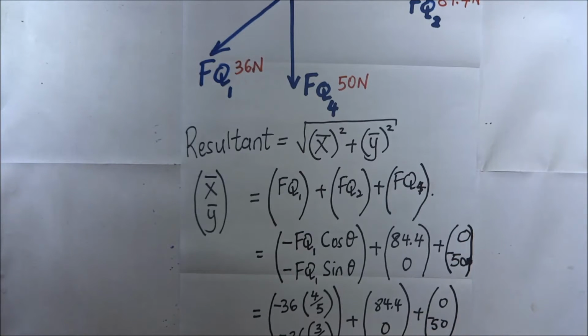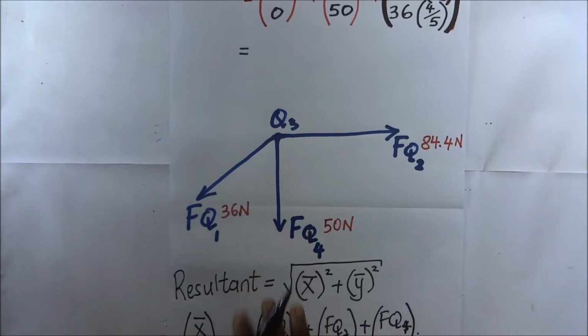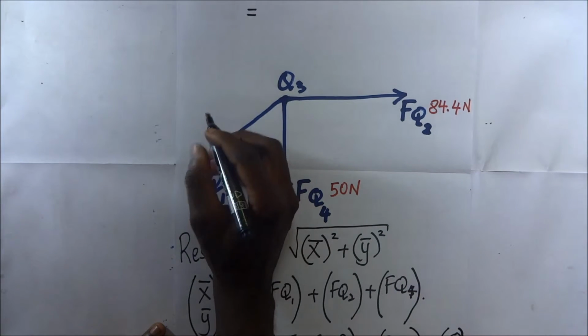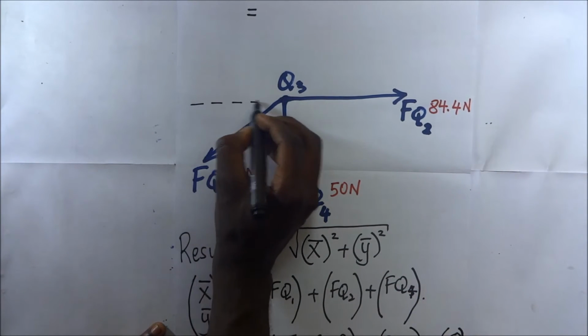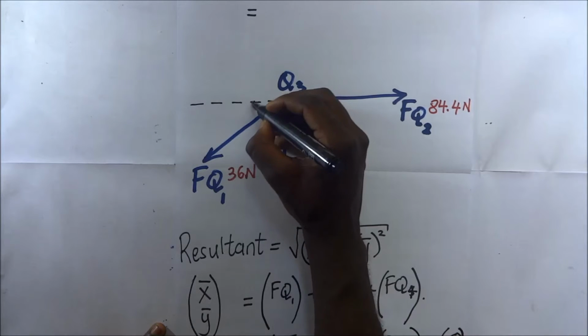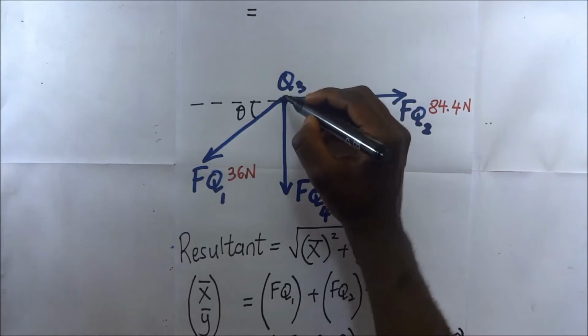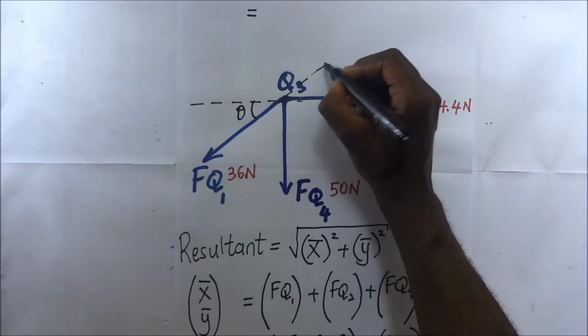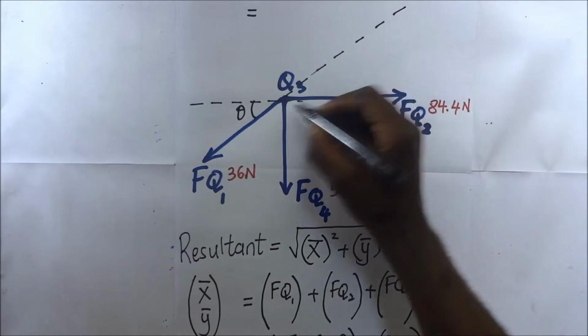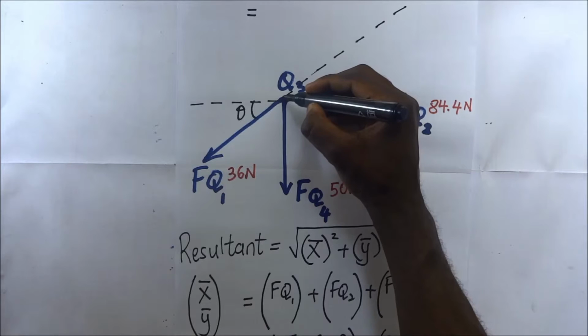How does that come about? If you look at our diagram, we'll try to complete it like this. You find that it's inclined at an angle theta. And this point Q, remember, is at a certain point in our square, as per our question.